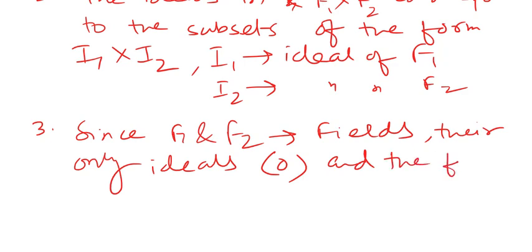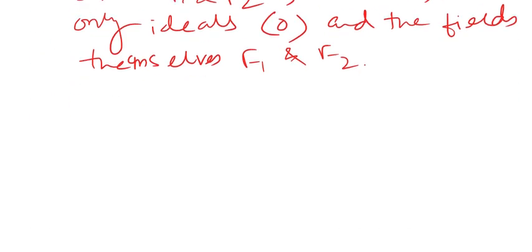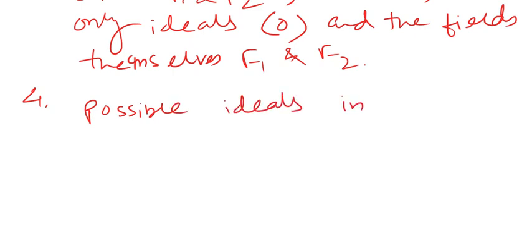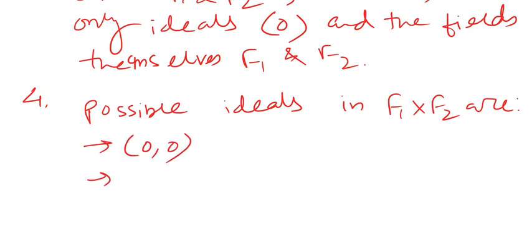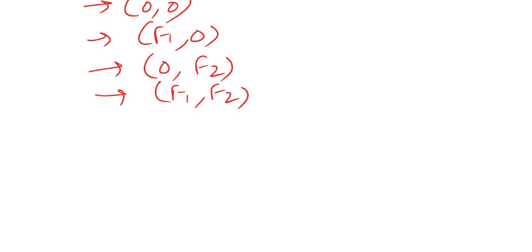Therefore, the fourth point is, possible ideals in F1 cross F2 are (0,0), (F1,0), (0,F2), (F1,F2).